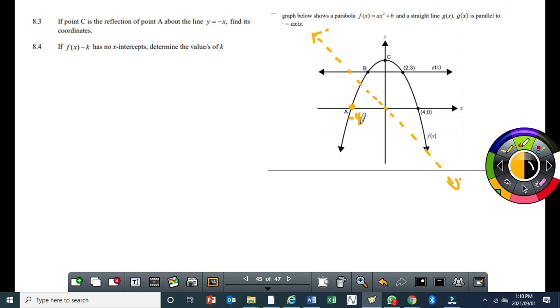Now, based on that, the rule of reflection about the line y equal to minus x is going to be this one here. So if you've got a point and you reflect it about the line y equal to minus x, in most cases you will have the x being positive, the y being negative.